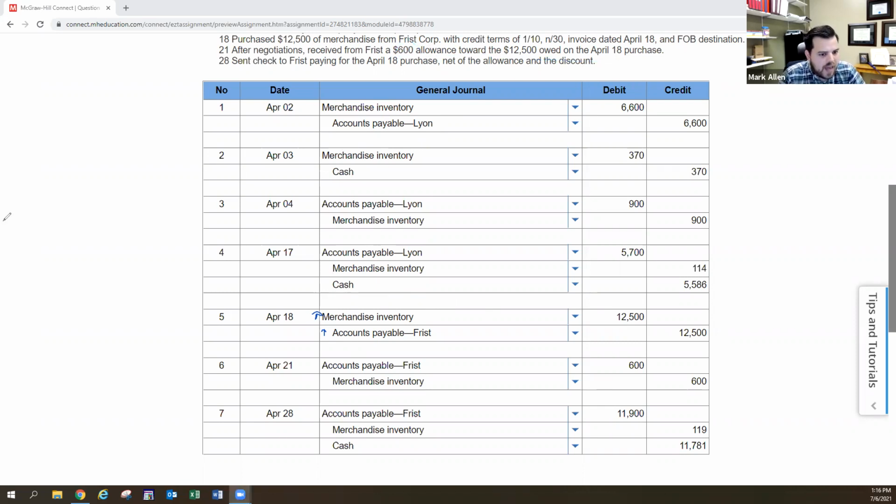It wasn't exactly what we wanted, but it was close enough that I can make it work, right? So maybe I ordered something of this size, and they sent me something that was a little bit bigger, but I can trim this down if I need to and kind of force it into that size that I needed. And so I say, well, all right, I can make it work, so I'll keep it, right? It's better than nothing, but it's not what I ordered. So we say, all right, that works.